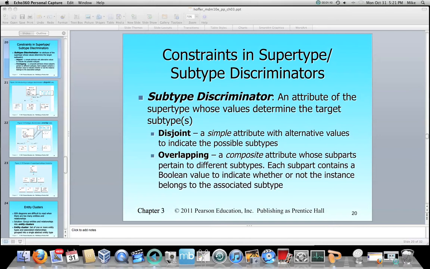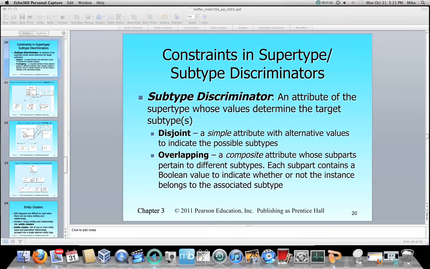So it's very, very common for the supertype to have an attribute to let the user, or the person in the process of using the database, know what subtype this instance of the supertype entity is associated with. In this case, we have disjoint and we have overlapping.